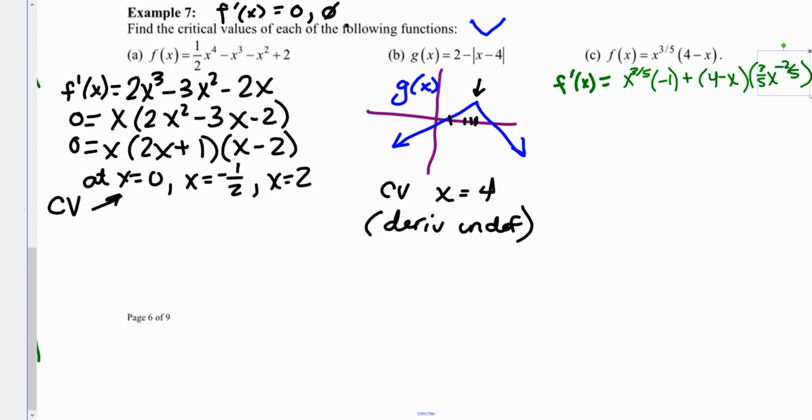All right, I'm just going to rewrite this here. So I would put negative. Let's see, should I distribute that? I'm going to say maybe not yet.